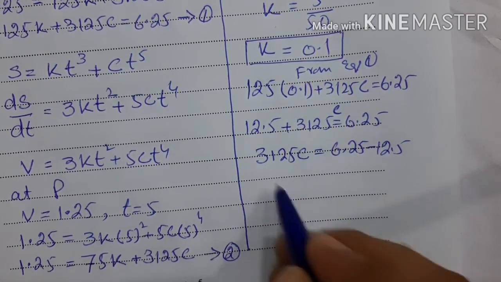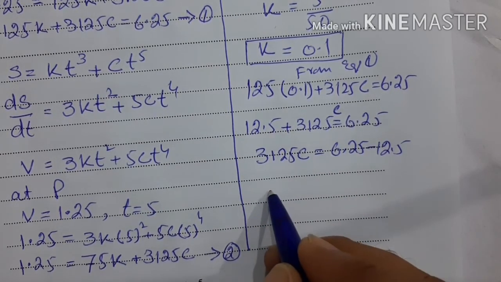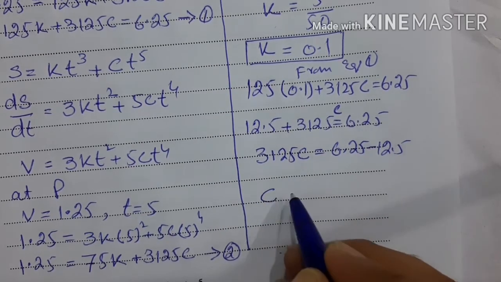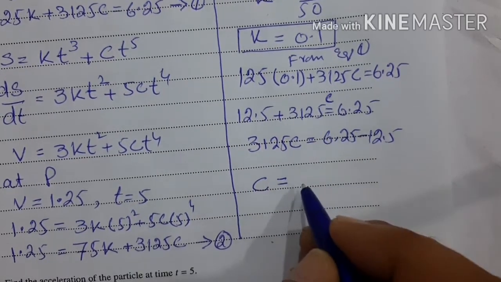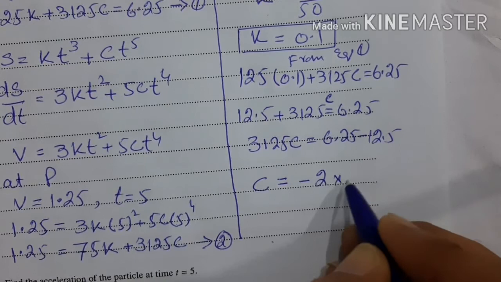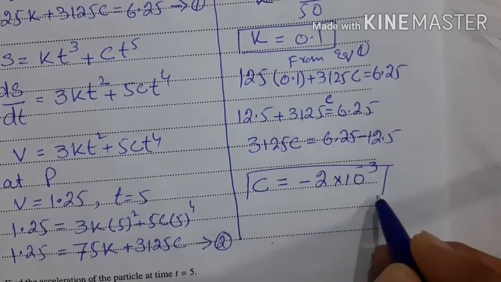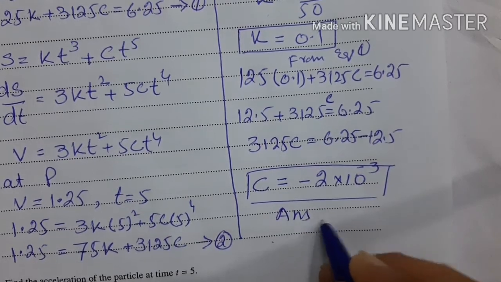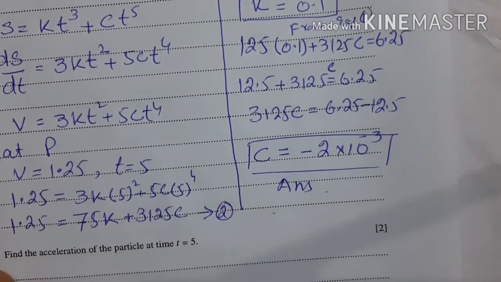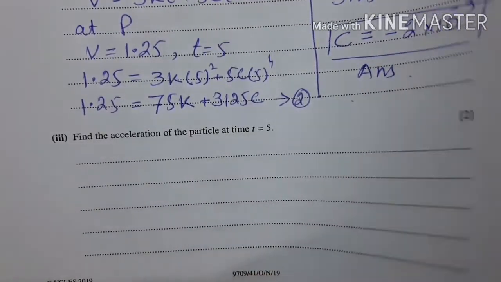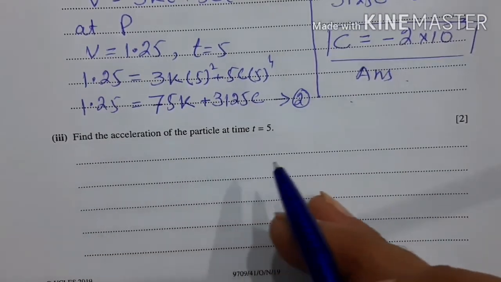If you solve with the calculator, c is equal to minus 2 multiplied by 10 to the power minus 3. This is the value of the other constant. This is our answer.